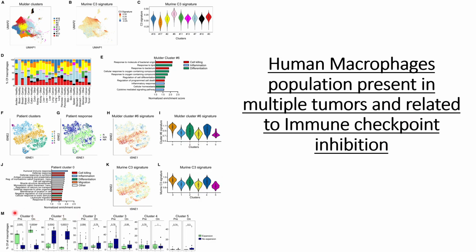After that they also checked the percentage of macrophages in different clusters, and they found that patients who respond to therapies such as immune checkpoint inhibitions have more macrophages, both in the pre-treatment conditions and also during the treatment conditions.